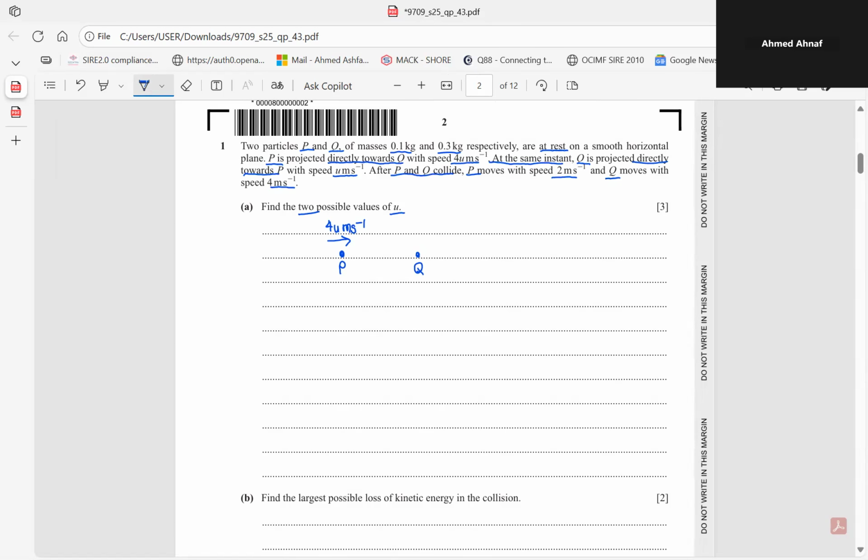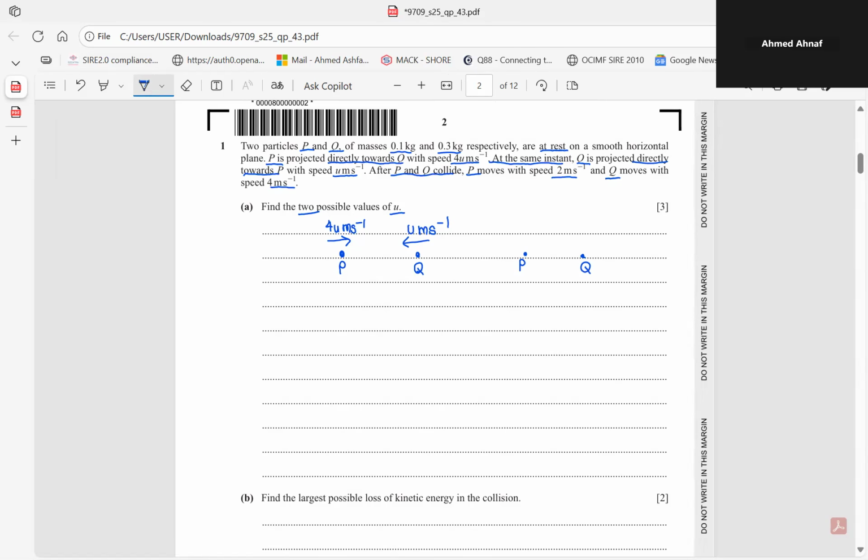Q is also coming towards P with speed u meters per second. This is before the collision, and after the collision, P moves with speed 2 meters per second, and Q moves with speed 4 meters per second.